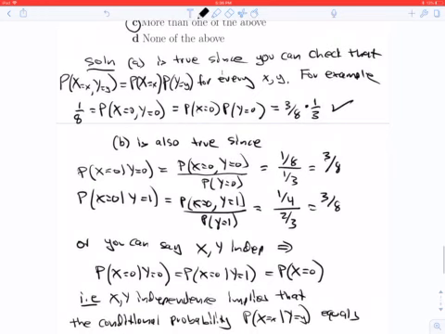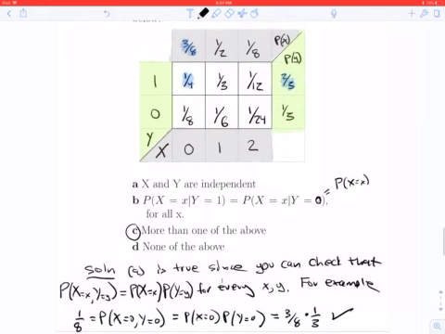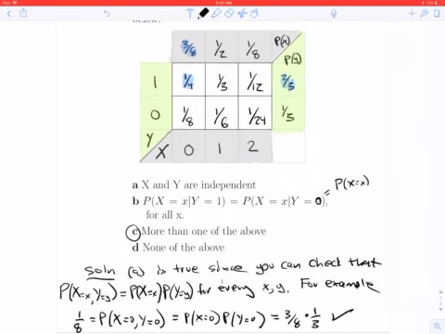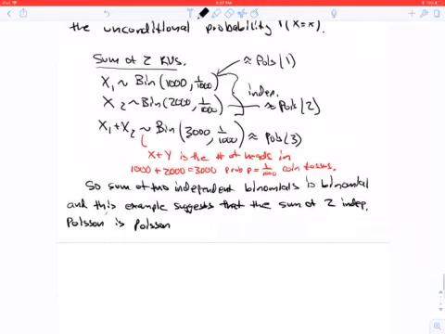The probability that x is 0 given that y is 0 is 3/8, and the probability that x is 0 given that y is 1 is also 3/8. But you don't even have to do this. Once you confirm that x and y are independent, then B is equivalent to that independence. Great. So C is true here. And then we ended.